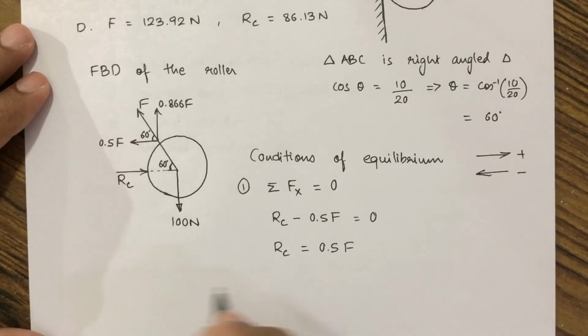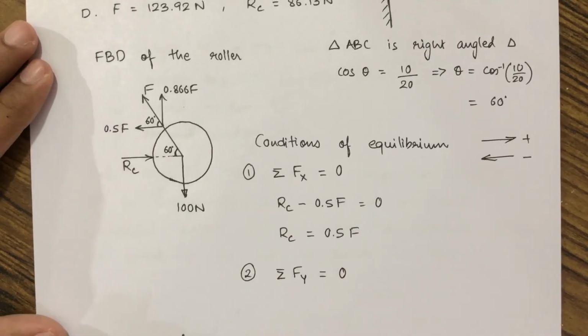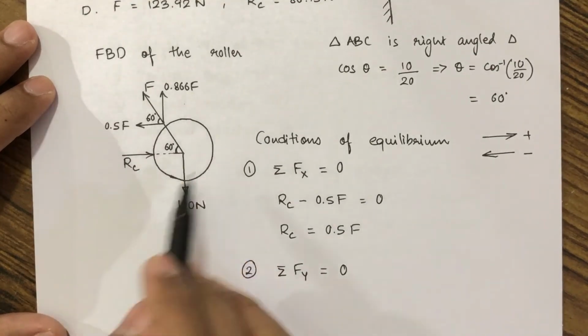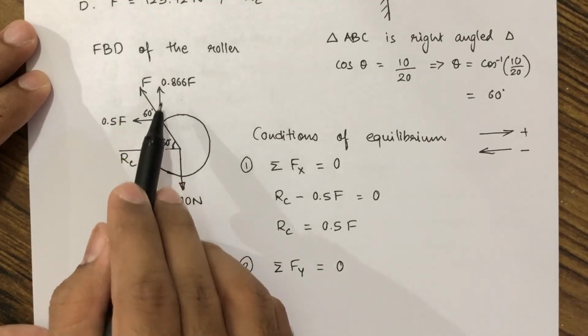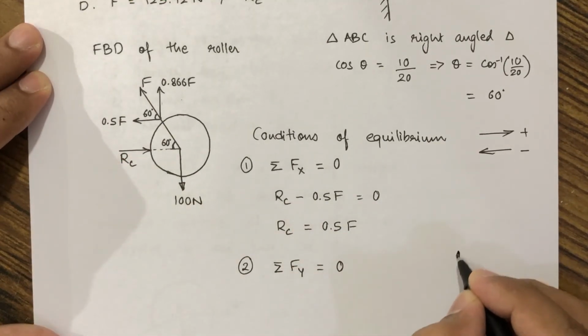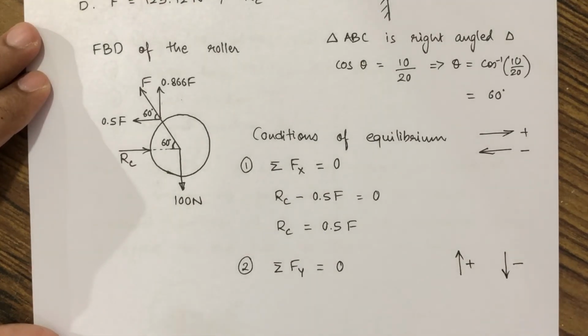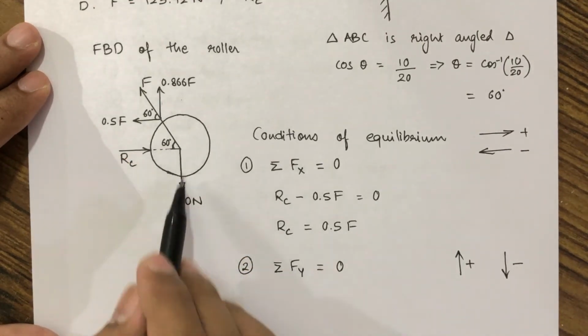The second condition of equilibrium is that the algebraic sum of vertical components of all the forces should be equal to 0, that is, summation Fy should be equal to 0. Here only vertical components we will take into consideration. All the forces moving upwards will be positive and forces moving downwards will be negative. So this force is moving upward and this force of 100 Newton is moving vertically downward.